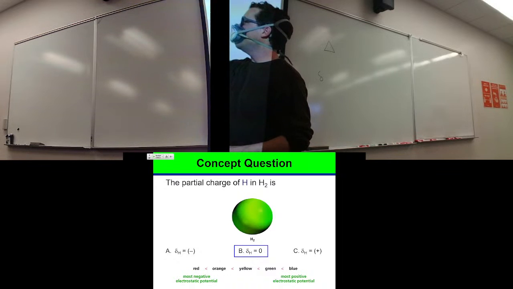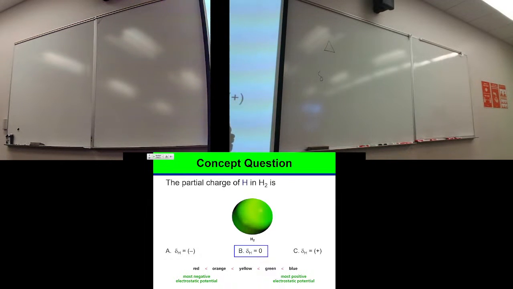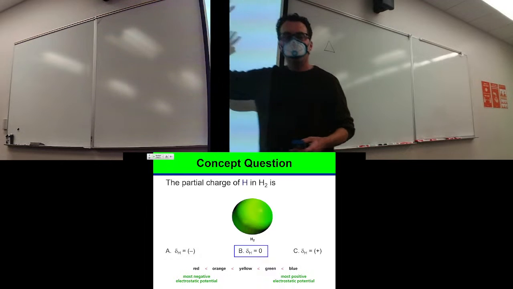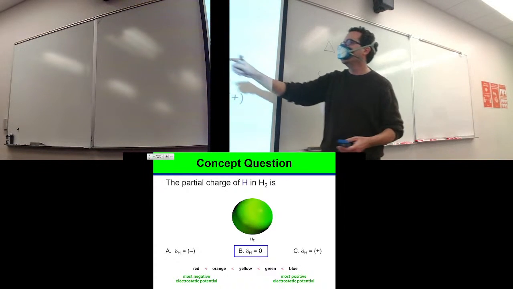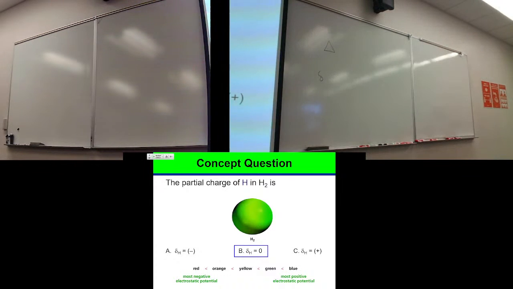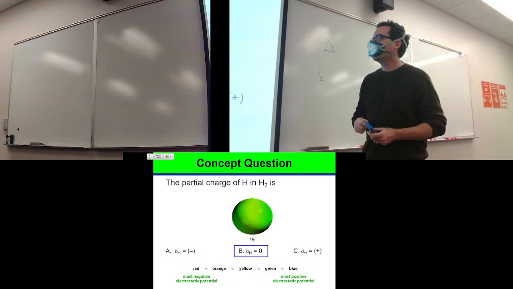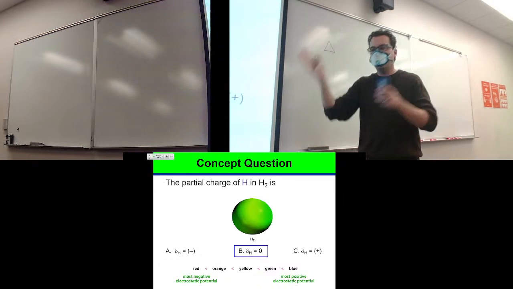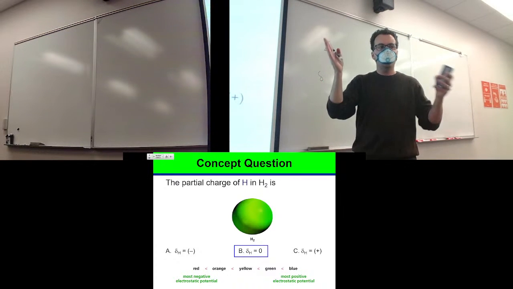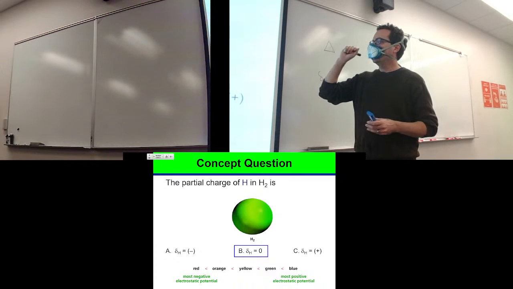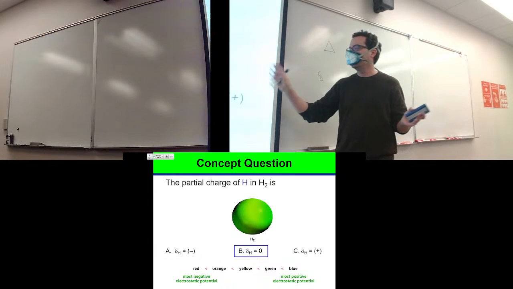If one side is more green and the other side is more orange, then yeah, one side is positive, one side is negative. But I don't see that. I just see green all over. So it's kind of the same charge all over. And so there is no polar bond here. There's no one side positive, one side negative. Both sides have no charge at all.